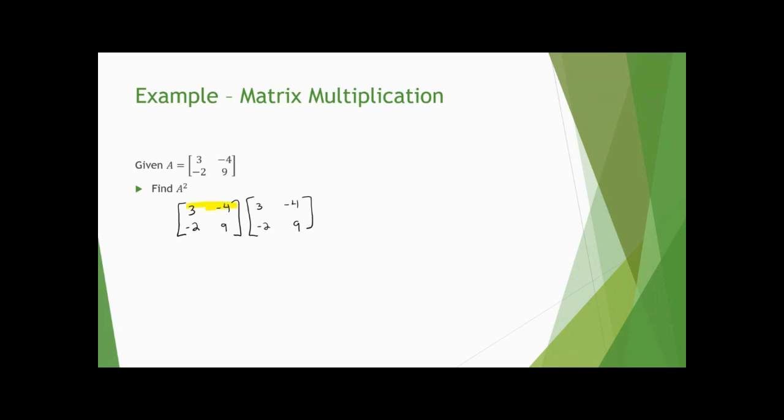So when I multiply these, I'm going to have my first row times the first column. So that's 3 times 3. So that part is squared, but then you have this -4 times -2. So that's the part where you're not going to end up with something that's just squaring.